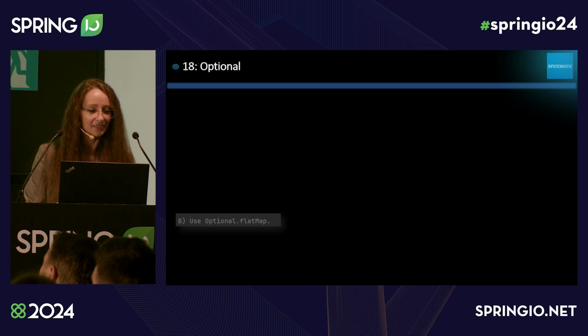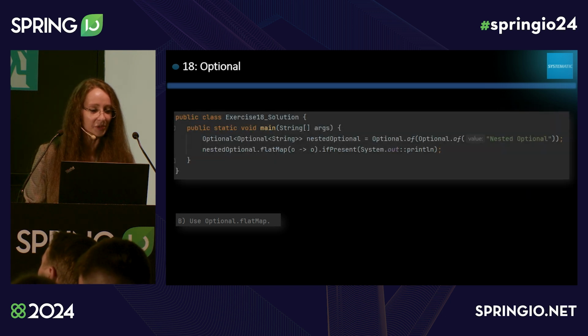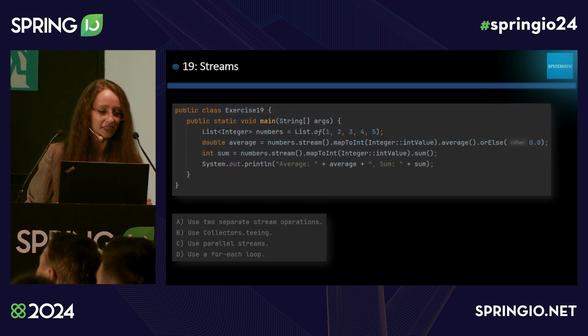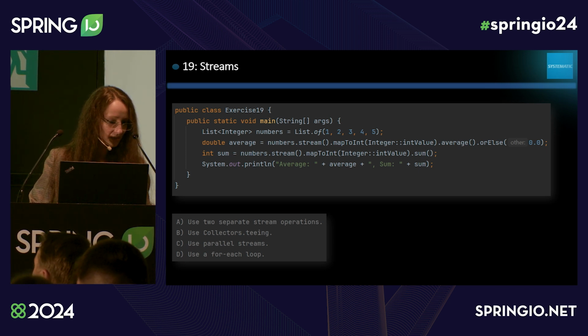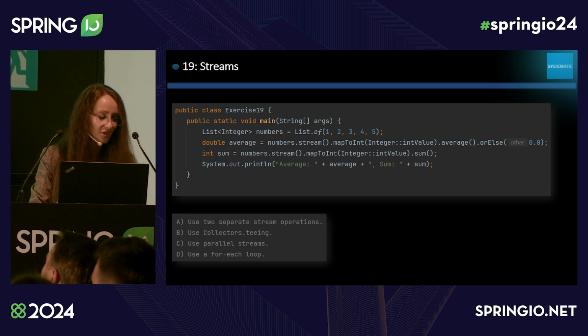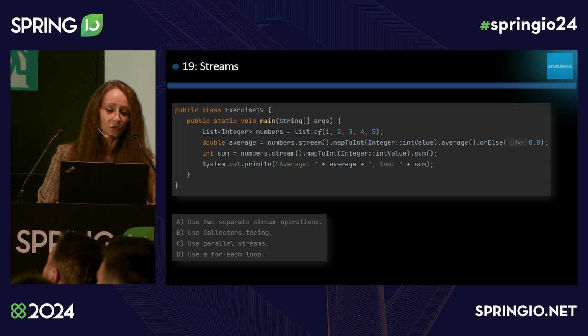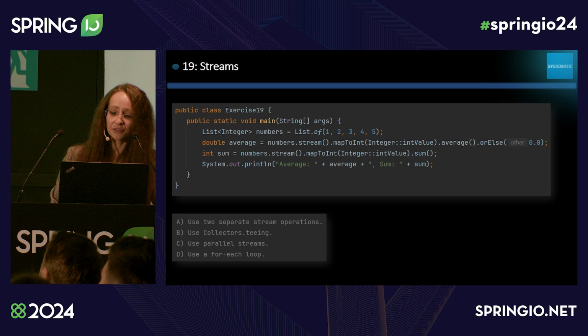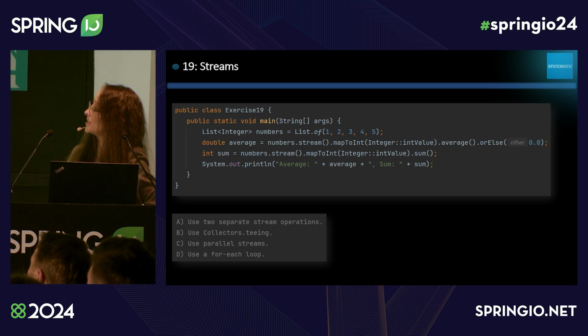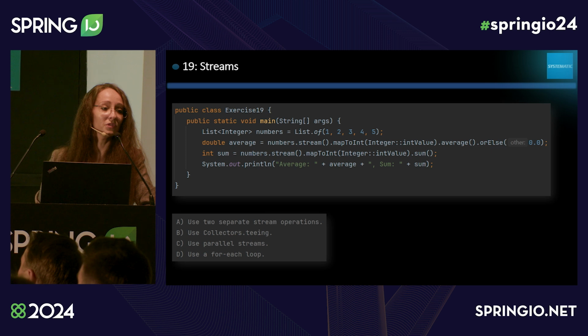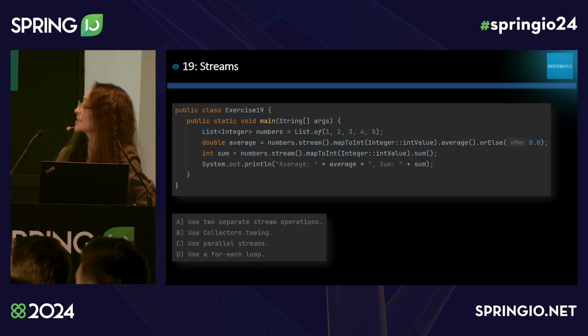All right, let's see some streams, and we will finish after them. And I will once again activate the trigger so that we can finish on time. So next exercise, we have a stream challenge over here, also to improve a specific piece of code. This one computes the average and the sum of a list, but both of them separately. We would like to improve the performance of this specific piece of code.